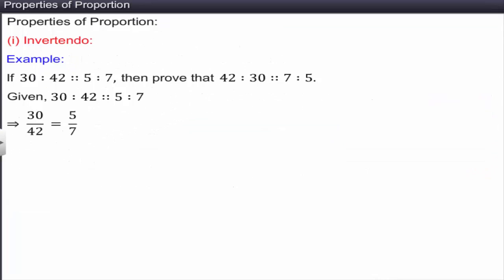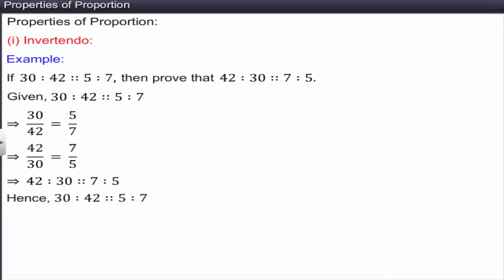By the property of invertendo, we can write this as shown. Or 42 is to 30 is as 7 is to 5. Hence, 30 is to 42 is as 5 is to 7 implies that 42 is to 30 is as 7 is to 5.